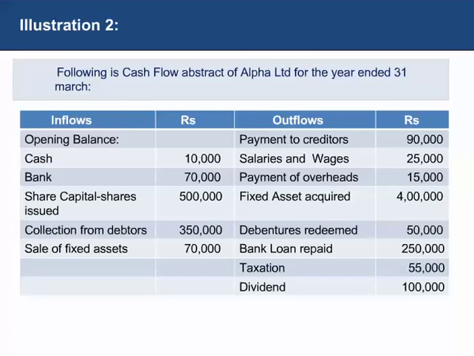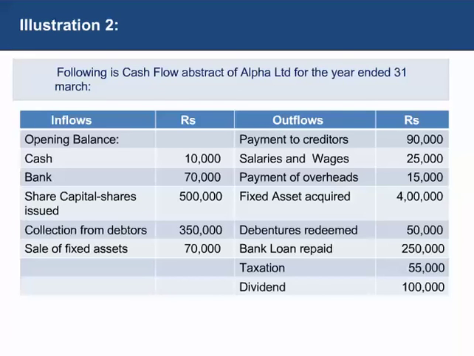Salaries and wages is an employee related expense, which should be again your operating activity, of 25,000. Payment of overheads is given as 15,000. Again, this will be related to your operating activities since overheads arise in your operating activities. Fixed assets acquired is again an investing activity, given as 4 lakhs.